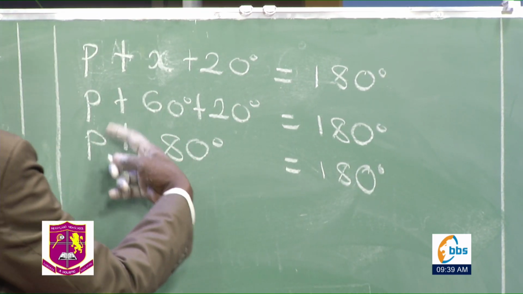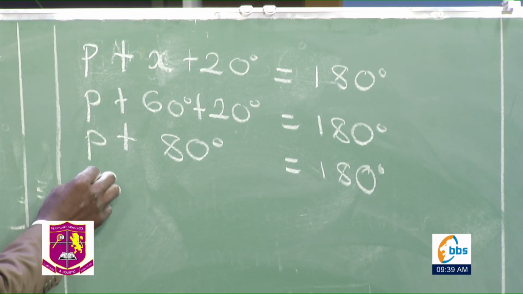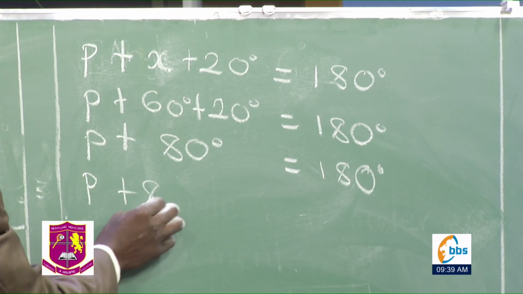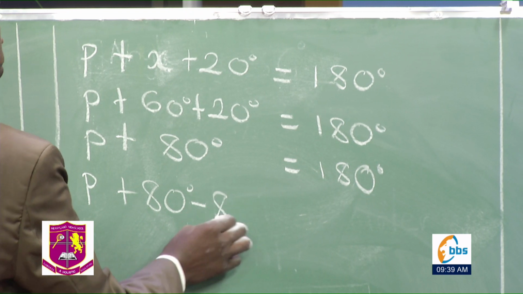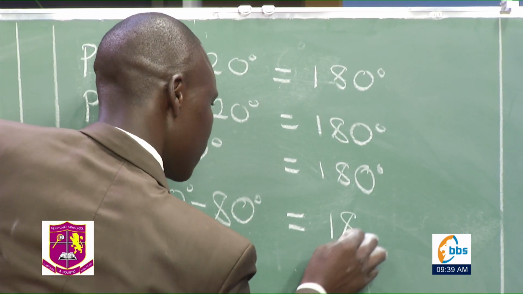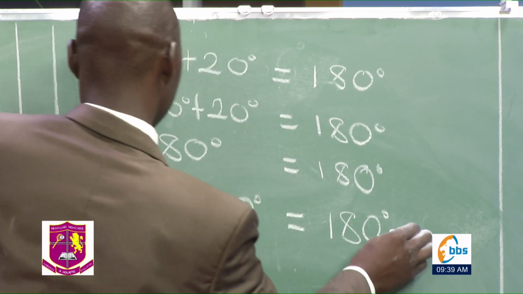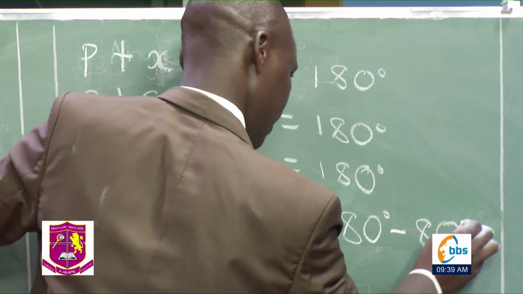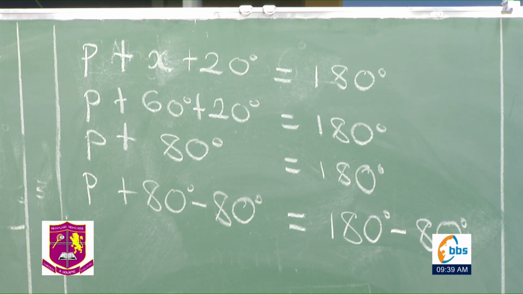So I will take this plus 80 the other side. And therefore it will be p plus 80 degrees minus 80 degrees, which gives us 180 degrees minus 80 degrees. Just take time. Be sure of what you're writing.